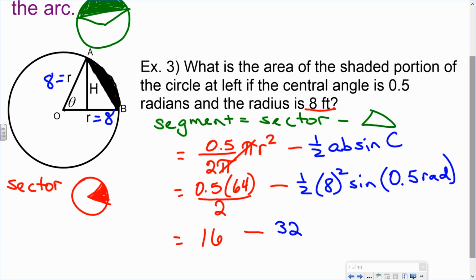Why do we have a problem, Avery? Okay, right now your calculator's set on degrees. So we actually have 2 choices. Yes, you could go in and change your settings to radians, and then just enter it, minus 32 sine 0.5. Or we could convert it.